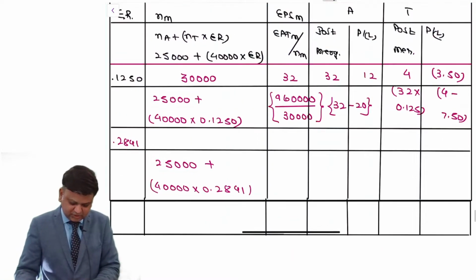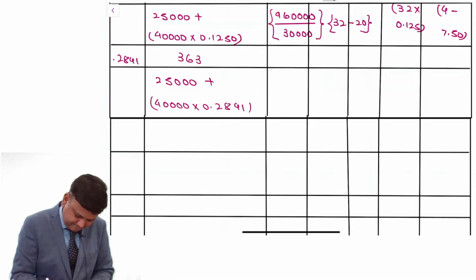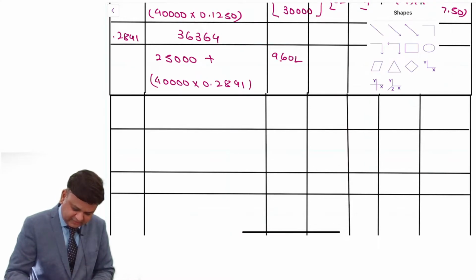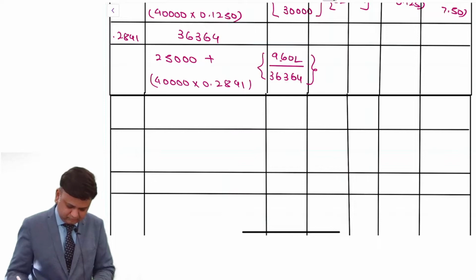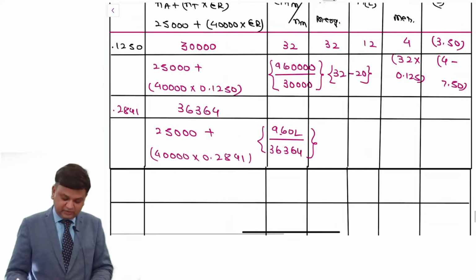So 36,364. Then it is 9,60,000 divided by 36,364. That comes to 26.40.